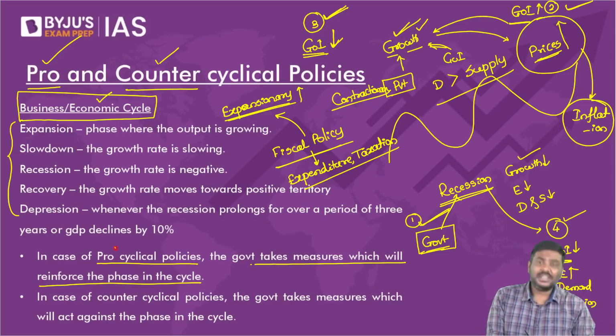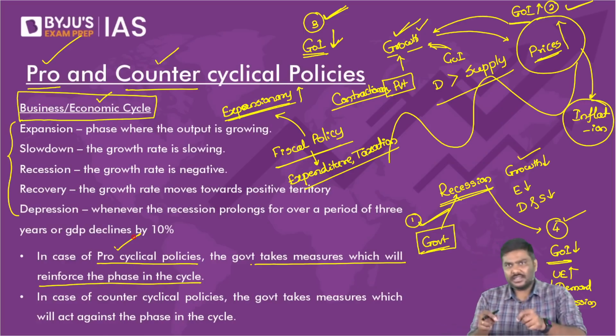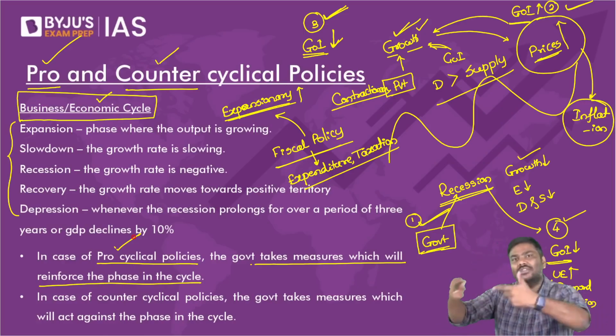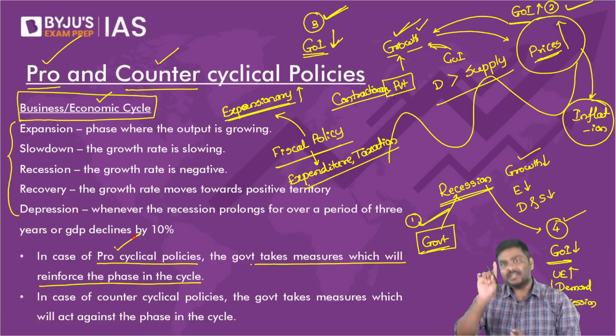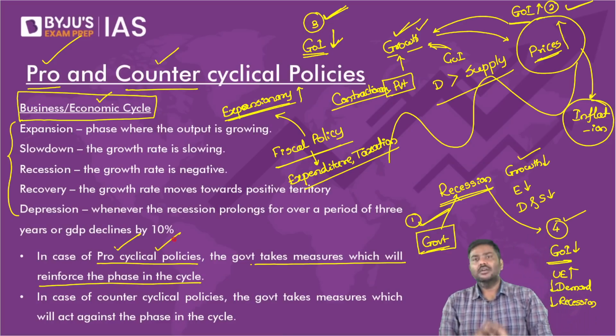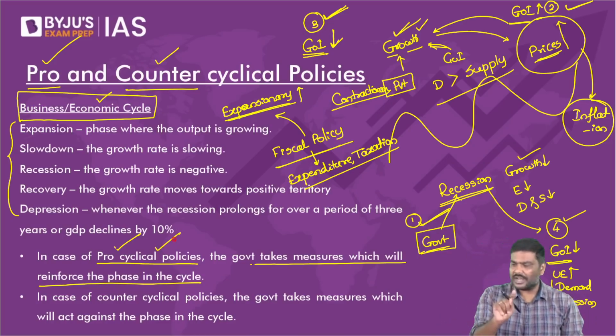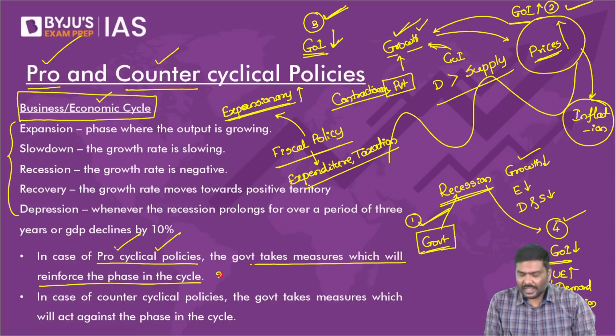What do you mean by pro-cyclical policy? Whenever the government policies will increase the intensity of the events in the economy, such policies are called pro-cyclical policies. For example, I'll tell you the numbers now for the examples. Please do let me know whether these are correct. Example number 2 and example number 4.